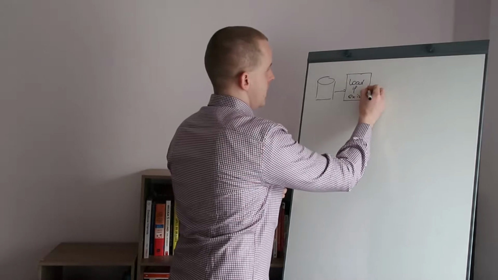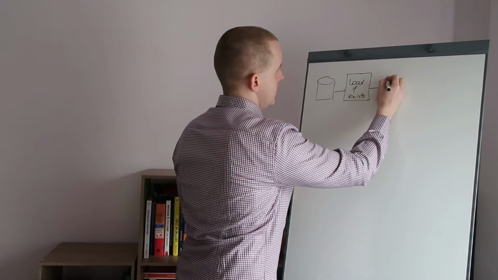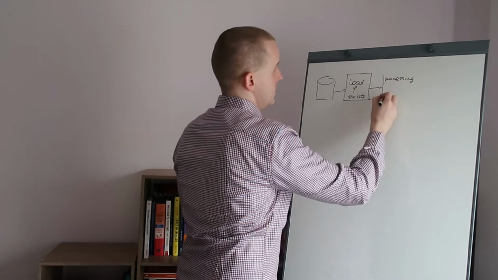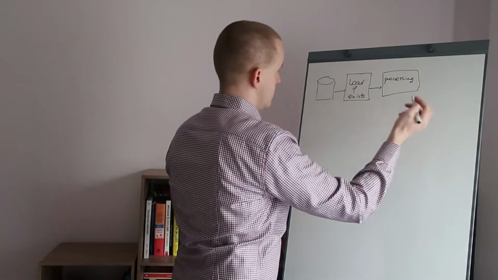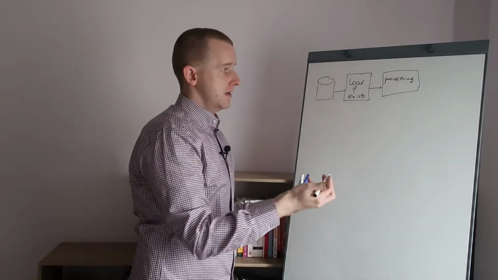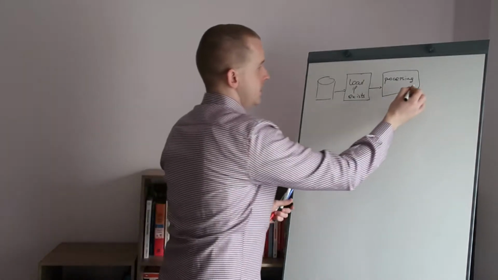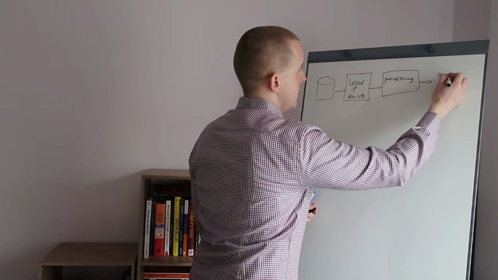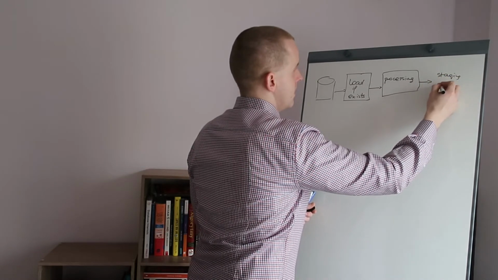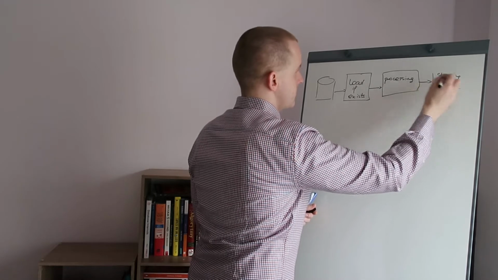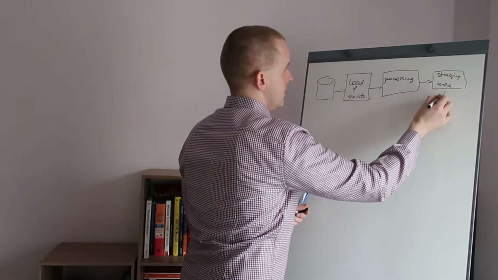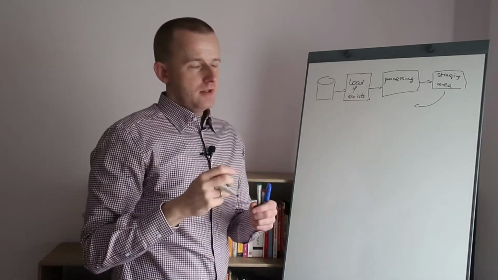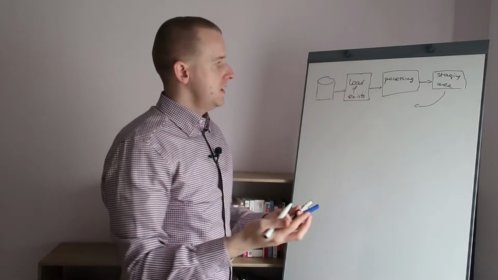So after that, we have our processing logic, which can be anything. We can do some mapping, we can do some enrichment, we can do some filtering, and so forth. And at this stage, we write this data into some staging area. After that, we apply some data quality checks.